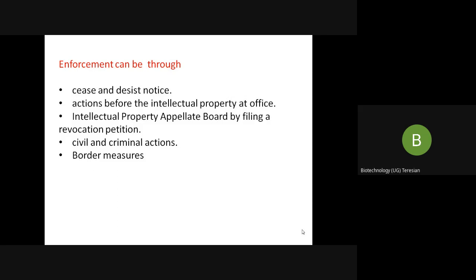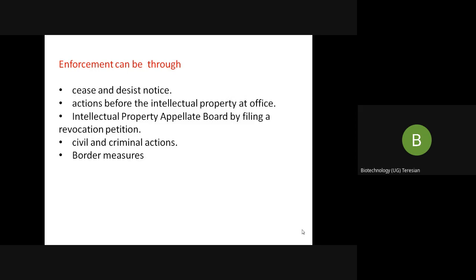So what you can do is use certain procedures in the patent office like pre-grant opposition and file an application before the patent office seeking revocation or cancellation of the right, which is still pending, because your objective is that if that right gets granted, then it will be hard for you to enforce your right, which is already in existence. So under these conditions, you can directly go to the IPR office.